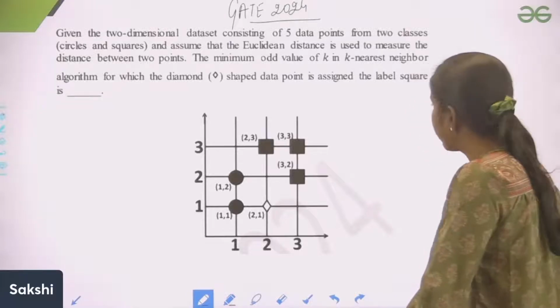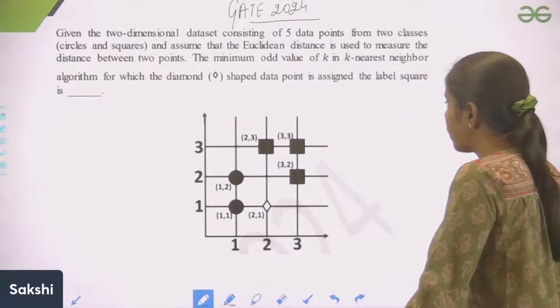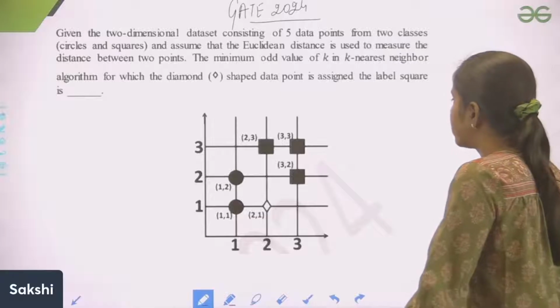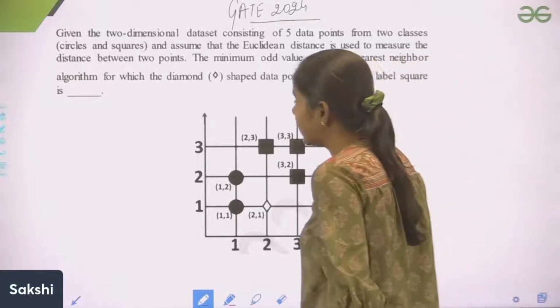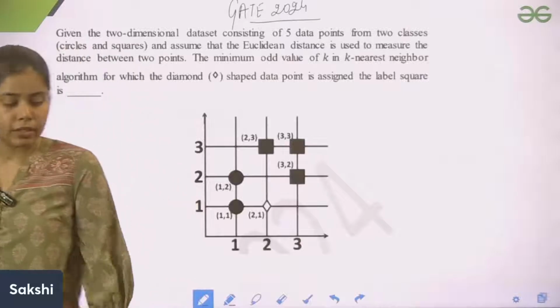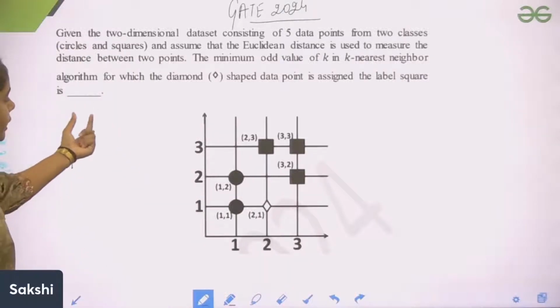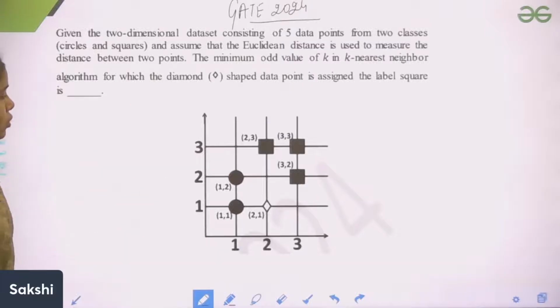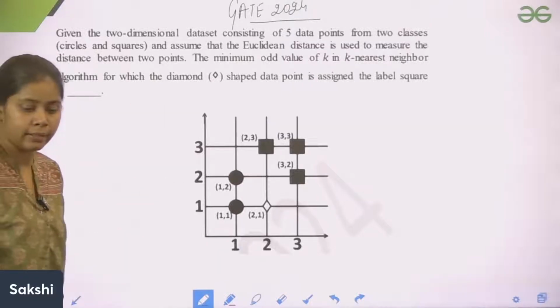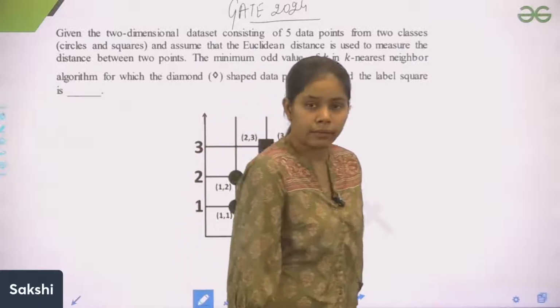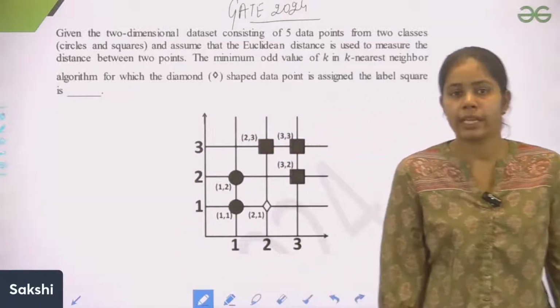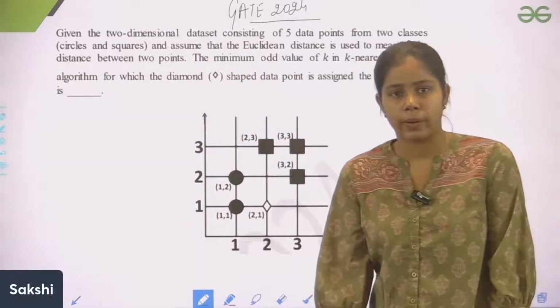What is the minimum odd value of k in the k nearest neighbor algorithm for which the diamond-shaped data point is assigned the label square? So tell me what k value I'll take so that the diamond would be the square. That means I have to assign the diamond to the class square.